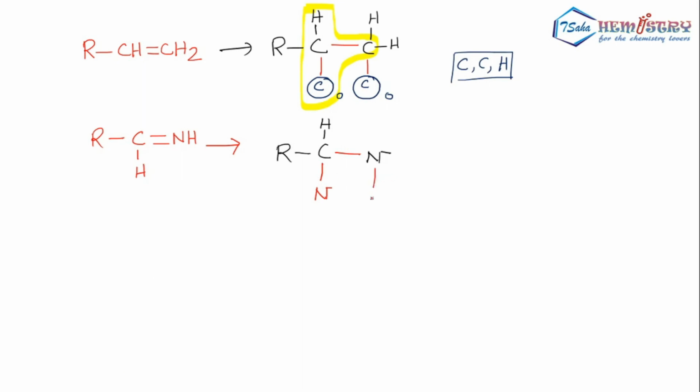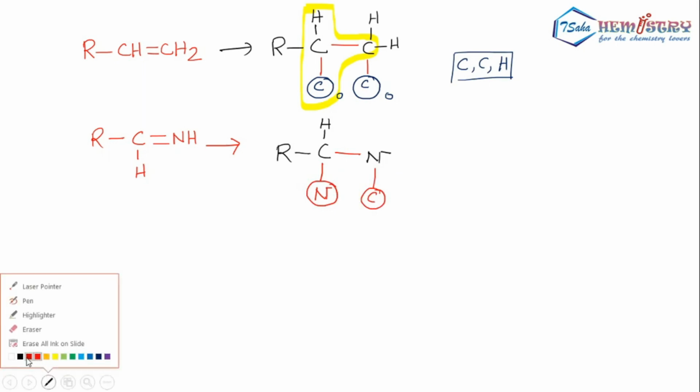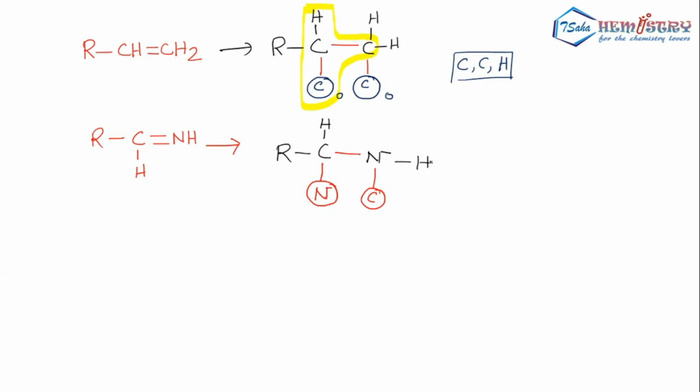In which it has carbon. So look very carefully, you can easily understand this particular thing, which is very simple. This carbon has a double bond with this nitrogen, so this is the double bond I am talking about, and this is the double bond I am talking about.